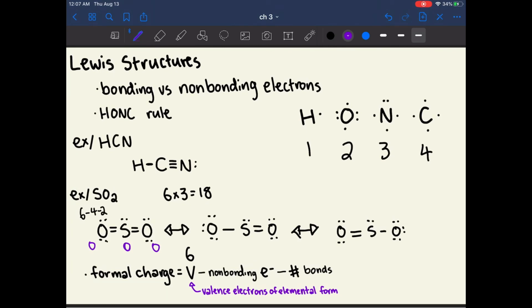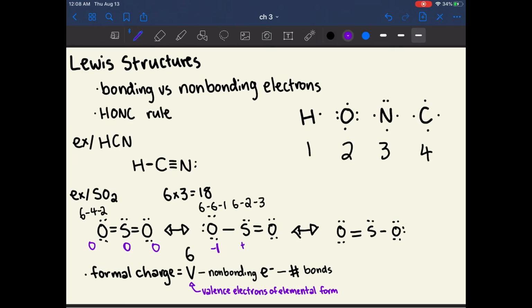For the next structure, the left oxygen has a V of 6 minus the number of non-bonding electrons, which is also 6, minus the number of bonds, which is 1. So this oxygen has a formal charge of -1. And this sulfur has a V of 6 minus the number of non-bonding electrons, which is 2, minus the number of bonds, which is 3.